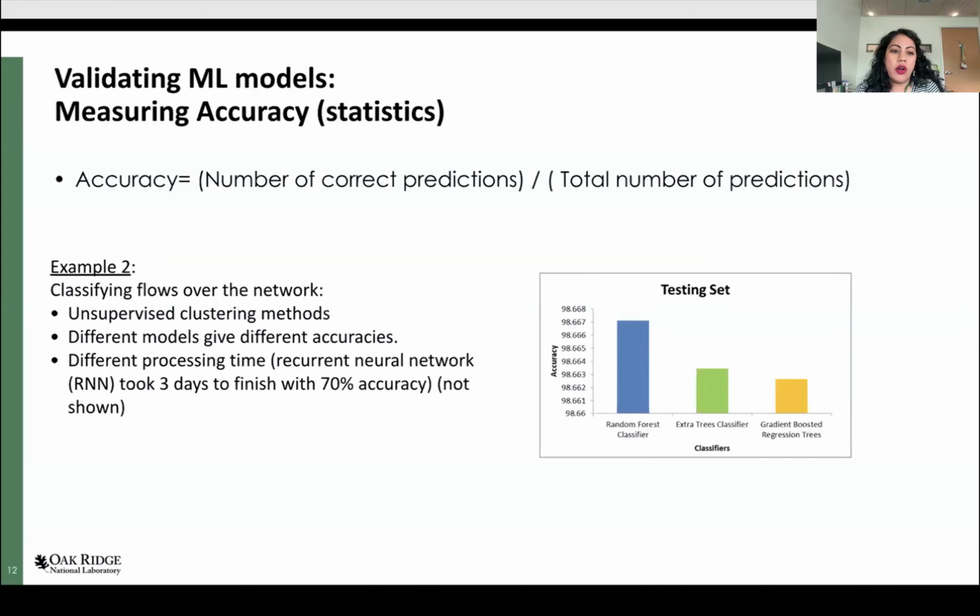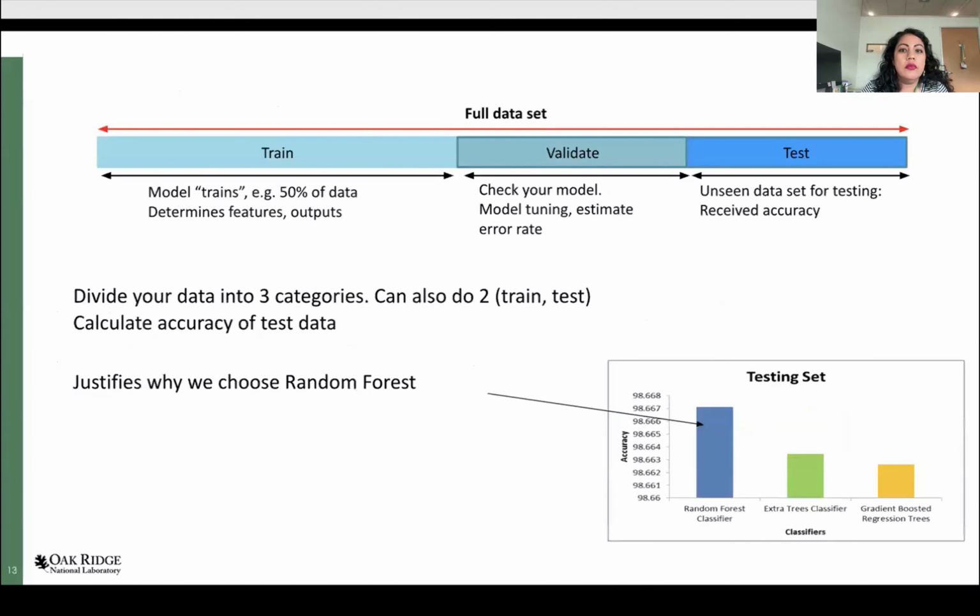So here I have a graph where I'm trying to classify flows over a network, and I'm using random forest, extra trees, and gradient boosted regression trees, and each of them is giving me a different accuracy. How do you measure accuracy? It is the number of correct predictions divided by the total number of predictions. So this is how you would end up choosing what is the best machine learning model for your particular problem set.